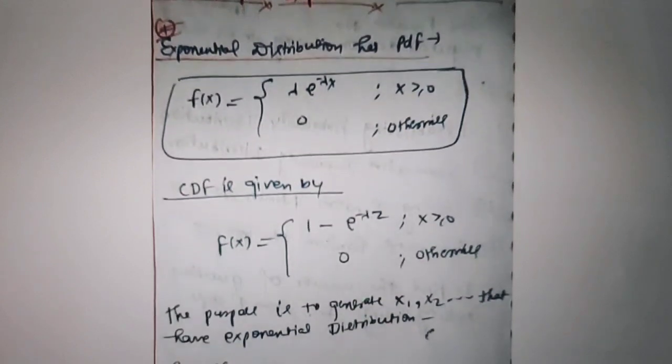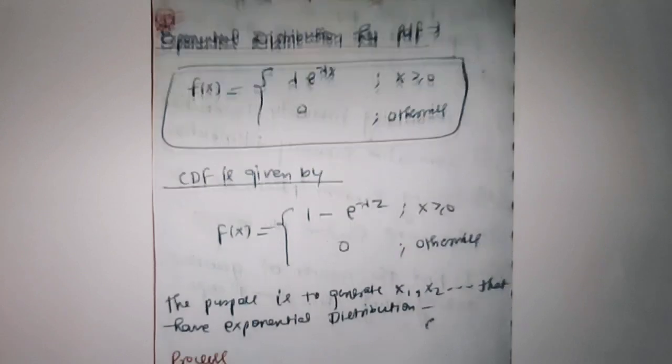Our purpose is to generate x1, x2, x3 and other random variates using the exponential distribution formula. So first we have to find out what formula we can use here, and I am going to discuss it in a step by step process.